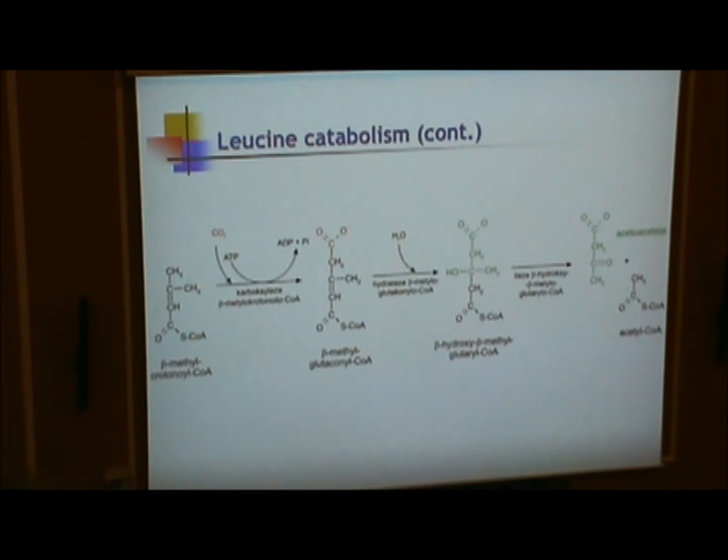The beta-methylglutaconyl coenzyme A is converted into beta-hydroxy, beta-methylglutaryl coenzyme A.